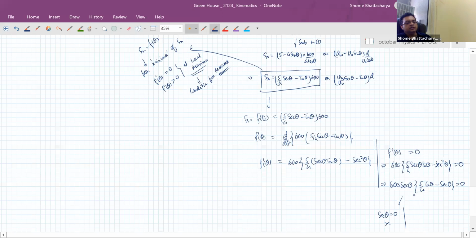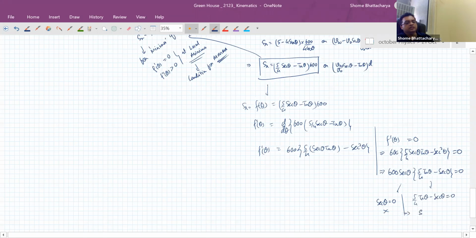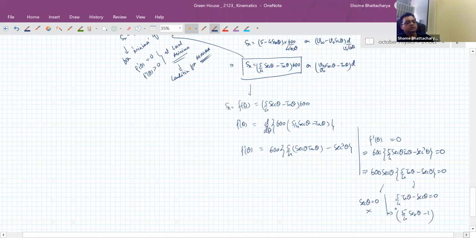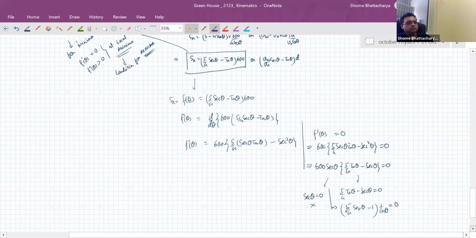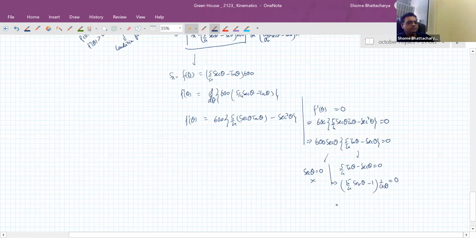The other possibility is that 5/4 tan theta minus sec theta is equal to 0, which is the same thing as 5/4 sin theta minus 1, into 1 by cos theta, is equal to 0. So that basically means that this should be equal to 0, because again 1 by cos theta cannot be 0.